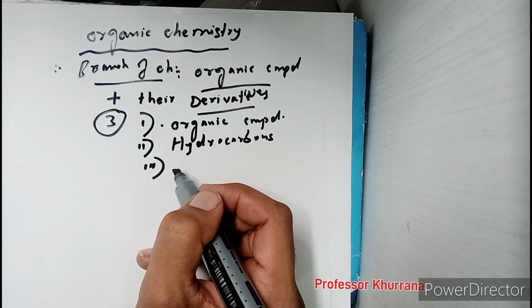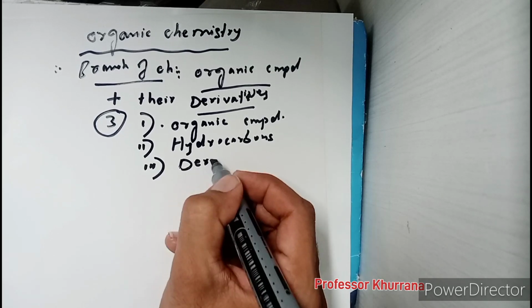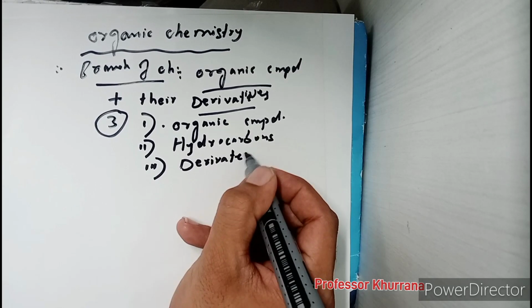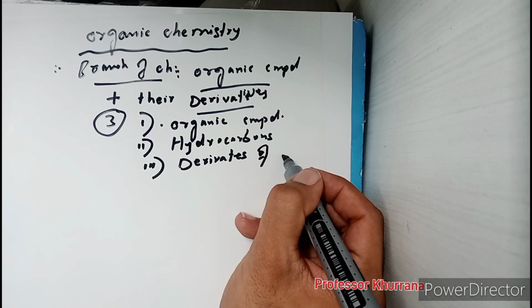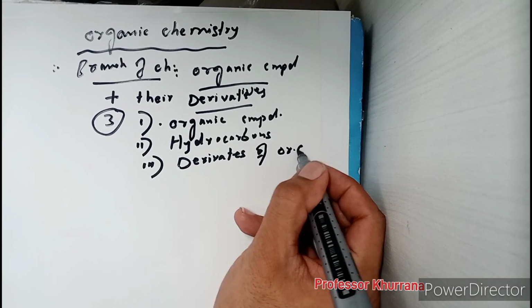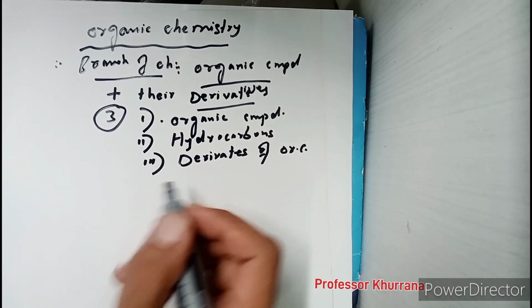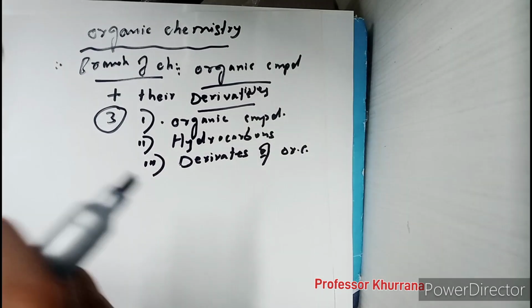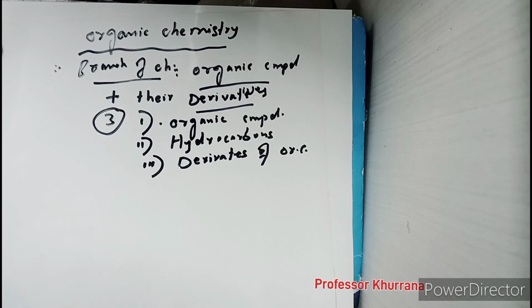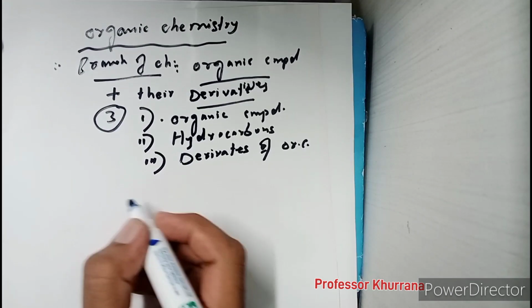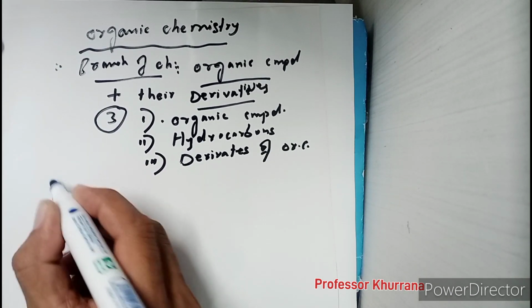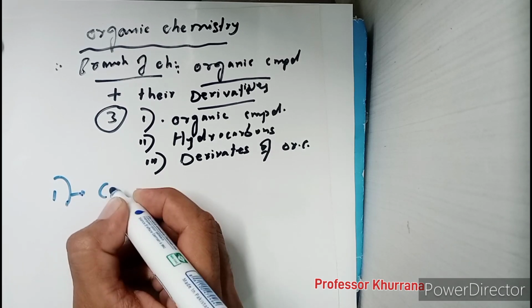And number three is derivatives of organic compounds. Let's study number one, organic compounds.